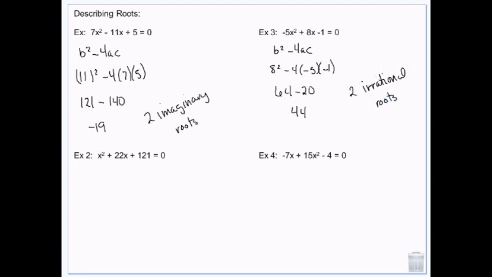Okay. Irrational roots cannot be factored. You can graph them, but you'll be estimating. So you could graph this, or you could use completing the square or quadratic formula. You just couldn't factor it. Do you get the idea?